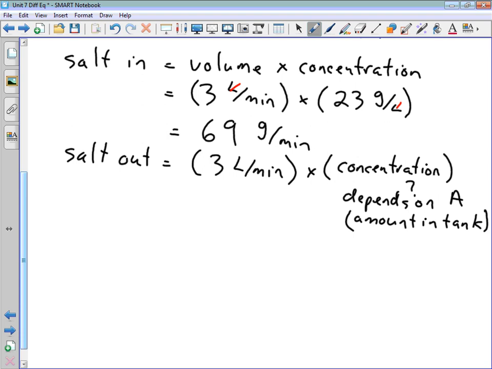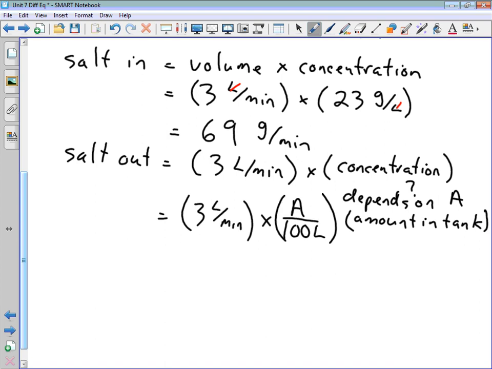So how can we express this concentration mathematically? Well, let's just remember we've got this rate, 3 liters per minute, this volume flow. This concentration here is the concentration of salt in the water in the tank. We know that the amount of salt in the tank is A, measured in grams, and we know that the volume of the tank is 100 liters.